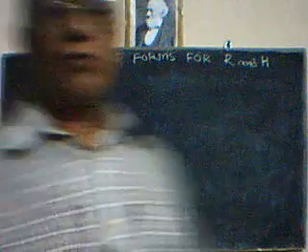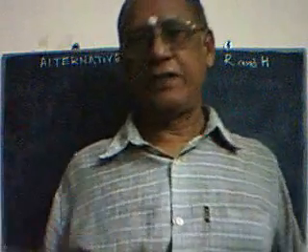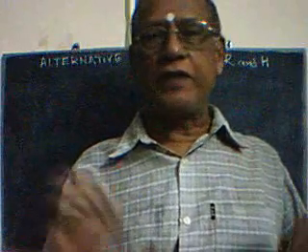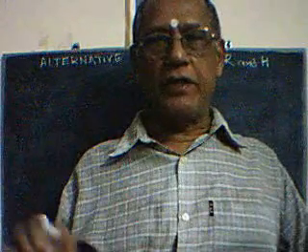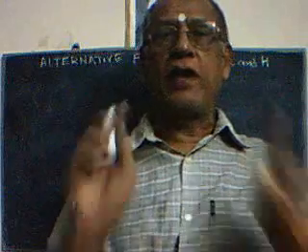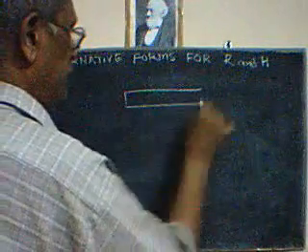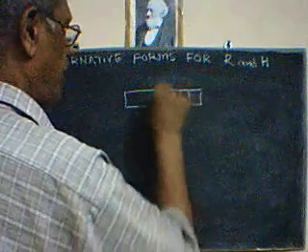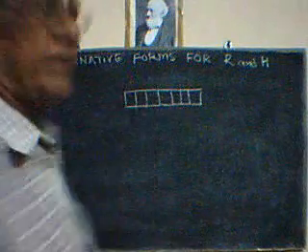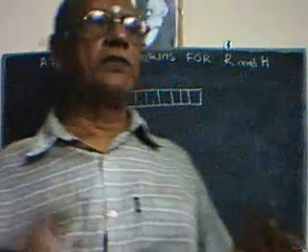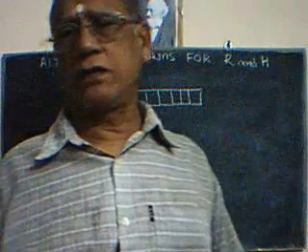I will explain. What is initial R? Initial R means that in a word, the first consonant must be R. You know the word structure. A word is a composition of vowels and consonants.